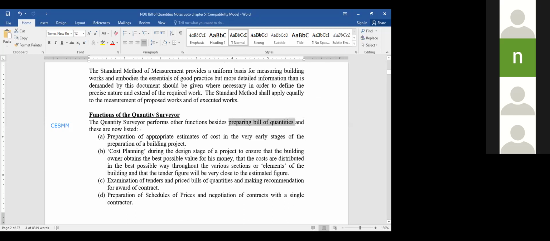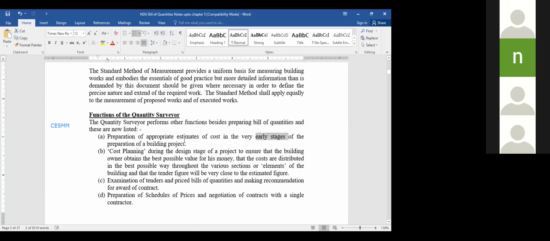The first one is preparation of appropriate estimates of cost in the very early stages of the preparation of a building project. We normally have what we refer to as pre-tender estimates. Before we come to a final BOQ for the construction, pre-tender estimates are used for planning, in what we're referring to as early stages.